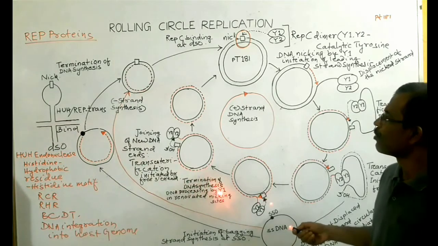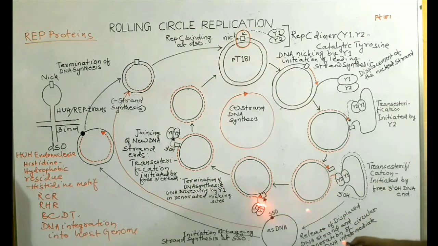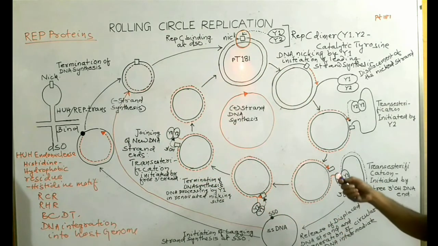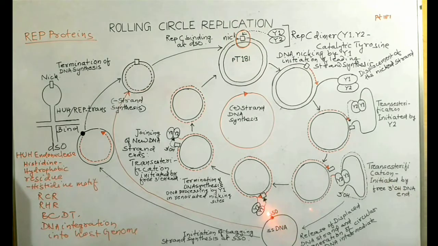So friends, we are discussing the mechanism of rolling circle replication in the plasmid pT181. pT181 is a single circular double-stranded DNA molecule. It possesses two different replication origins. This is the double-stranded origin, and here this is the single-stranded origin.